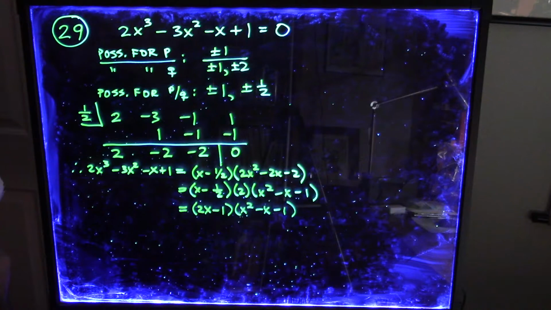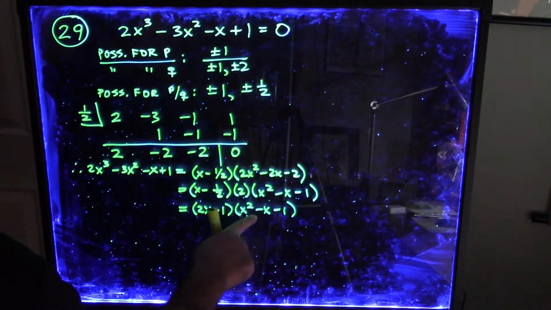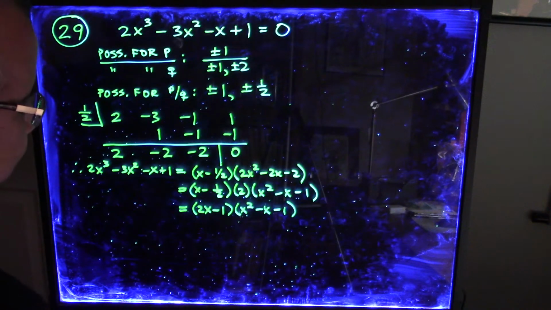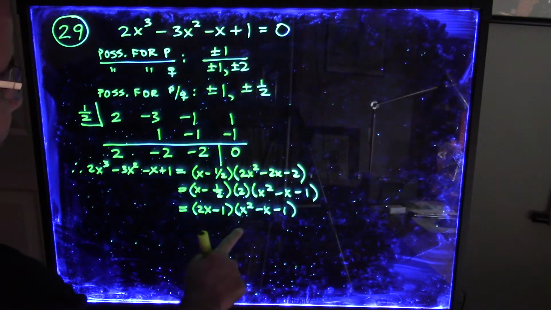That factoring makes this a little bit easier to work with. It's easy enough to set that equal to 0 and solve it for x.